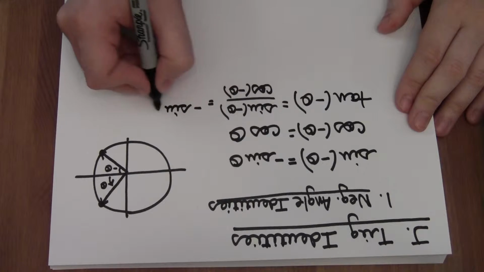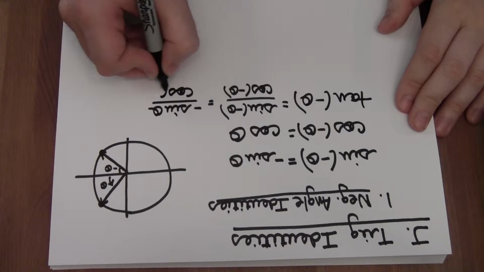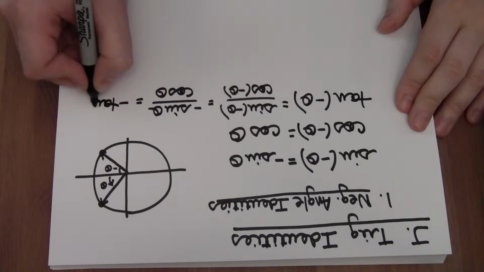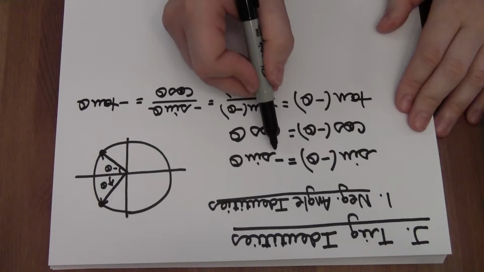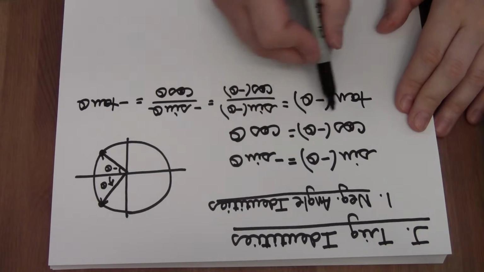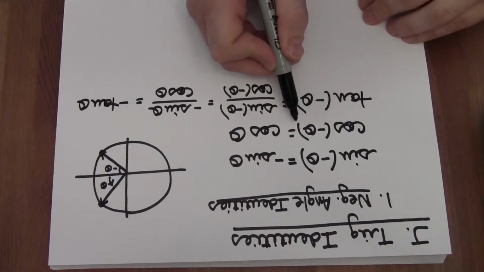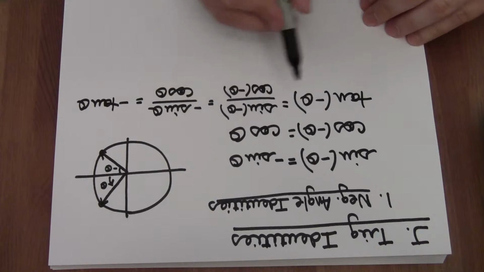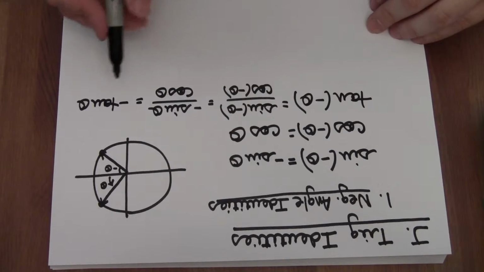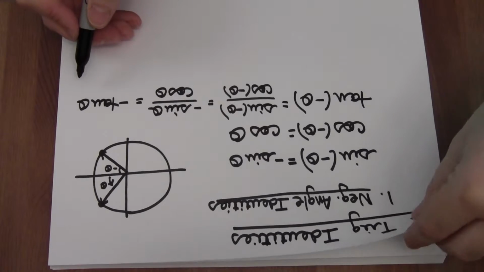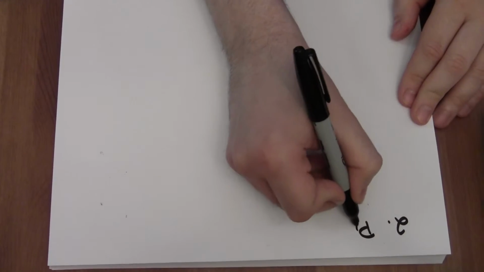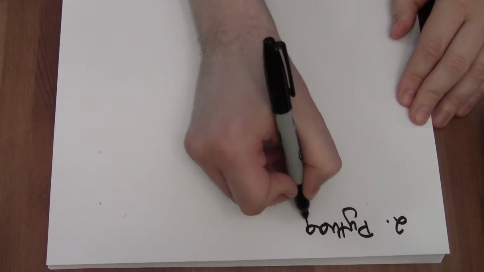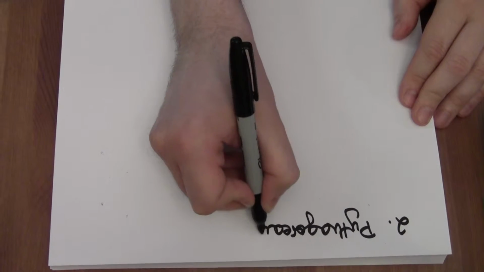So this is negative sine theta divided by cosine theta, and you're going to get the negative of the tangent of theta. The sine of negative theta is the negative of the sine of regular theta. The cosine of negative theta just equals the cosine of regular theta, and the tangent of negative theta equals negative the tangent of theta.